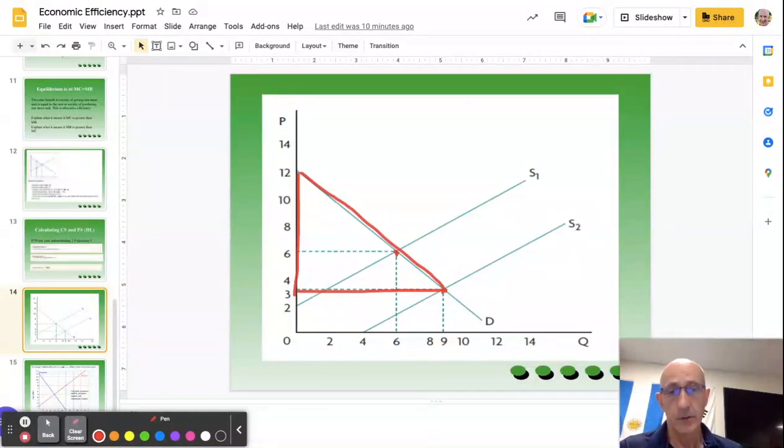So you can work out your consumer surplus that way, and you can also take a look at the producer surplus now, which is a slightly awkward shape.